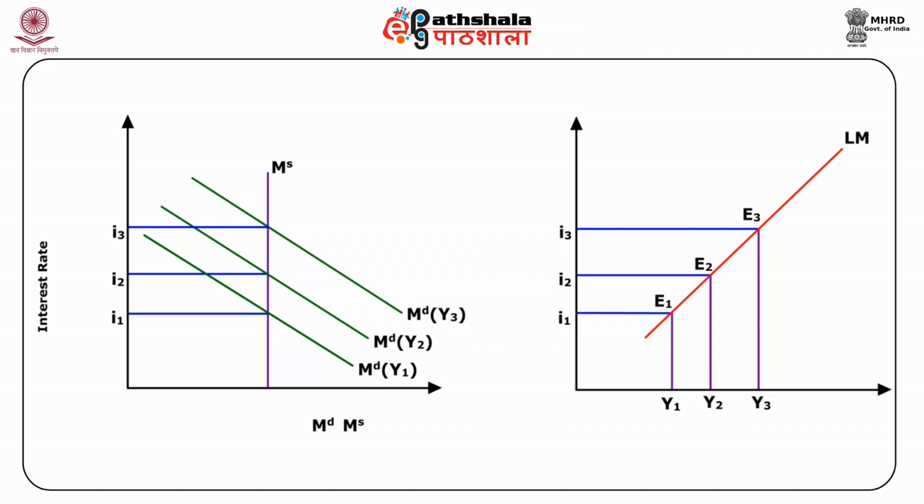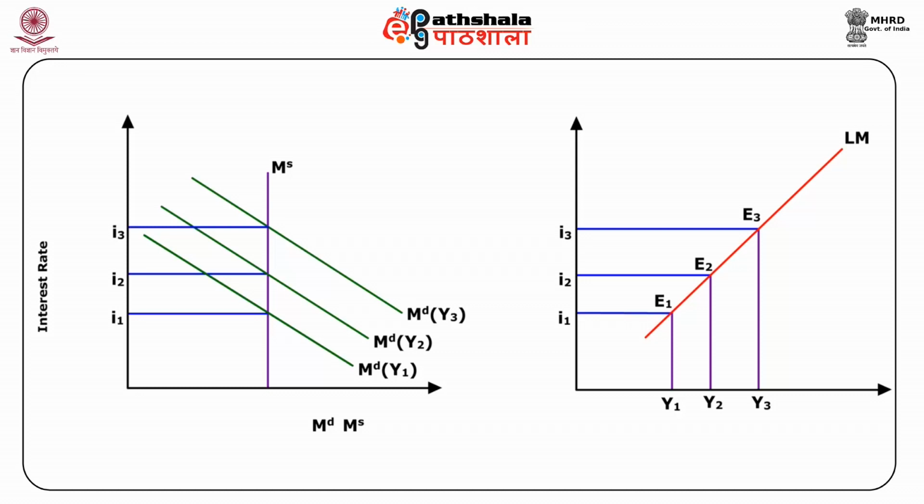Suppose there is an increase in income from Y1 to Y2. Due to the increase in income, demand for money increases. As money demand is positively related to income at each rate of interest, so the money demand curve shifts rightward to MDY2.